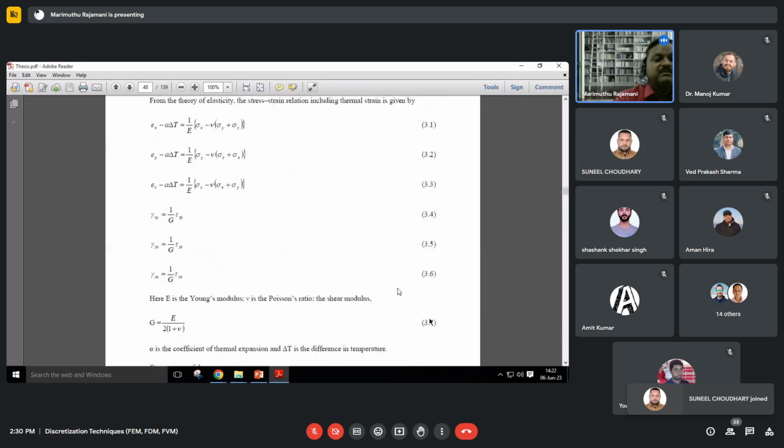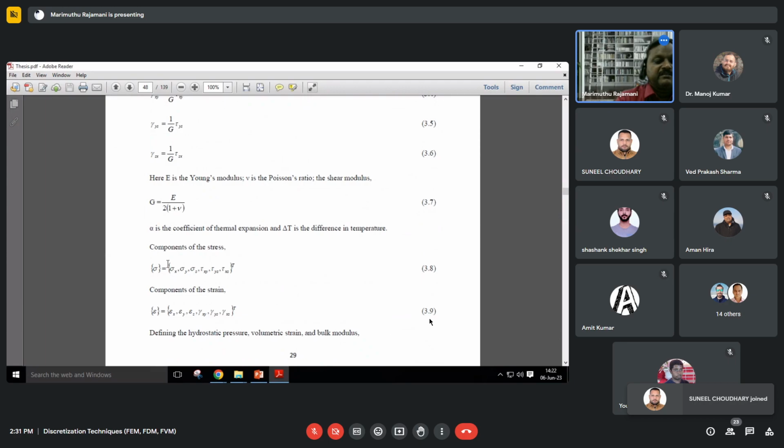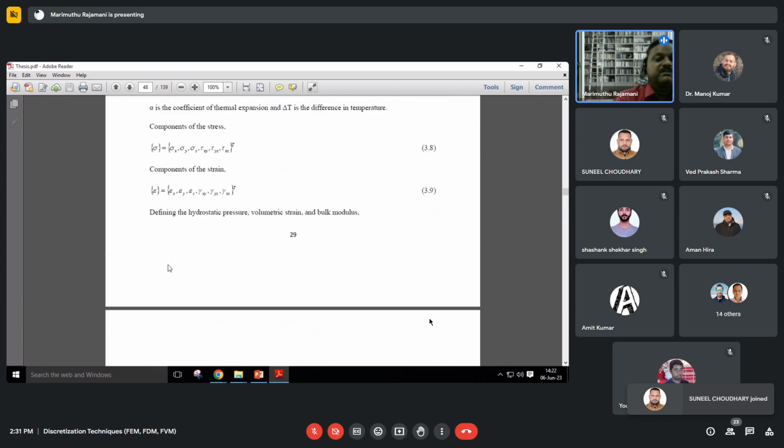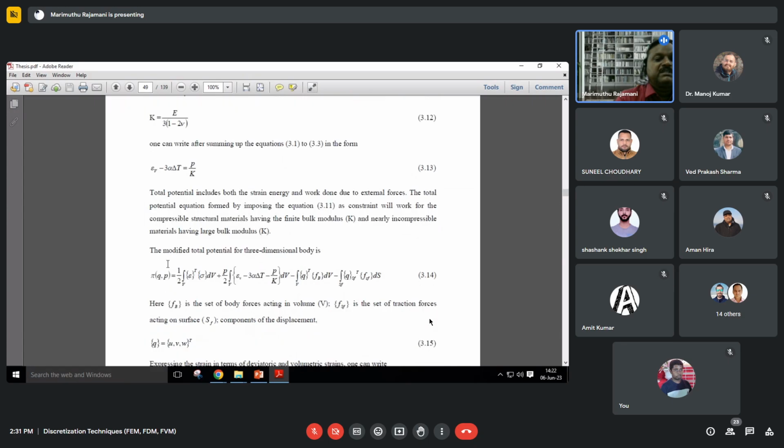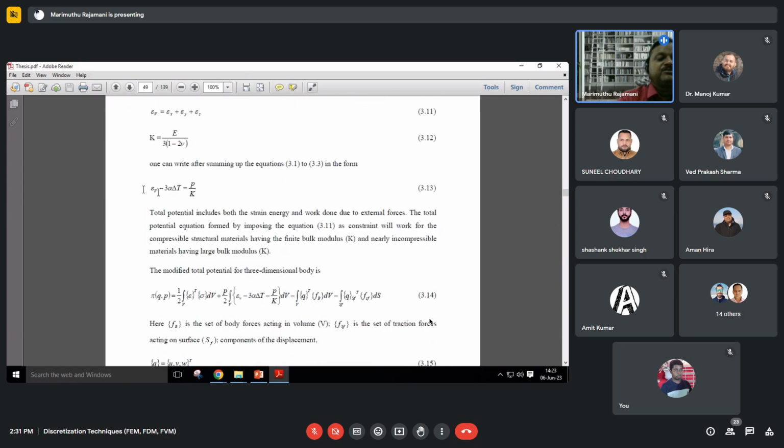So I was telling you, this is the expression for strain and the stress component. And this is the constraint, epsilon b equal to minus 3 alpha delta T by k, that has been imposed as a constraint to this. And here, as I told you, in viscoelastic material Young's modulus varies exponentially with time.